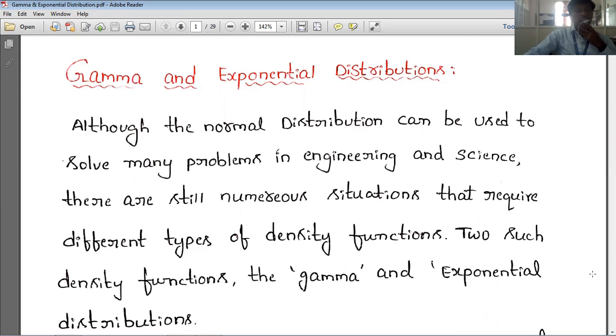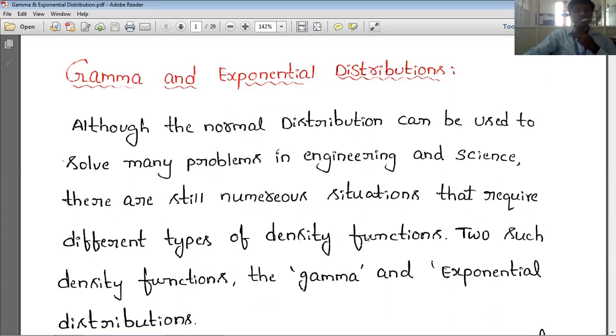And the exponential distribution is a special case of the gamma distribution. In normal distributions we have two parameters, mu and sigma. In the same way, gamma distributions have two parameters, alpha and beta, and by taking alpha equal to 1, we get exponential distributions. Here we are just giving an introduction.